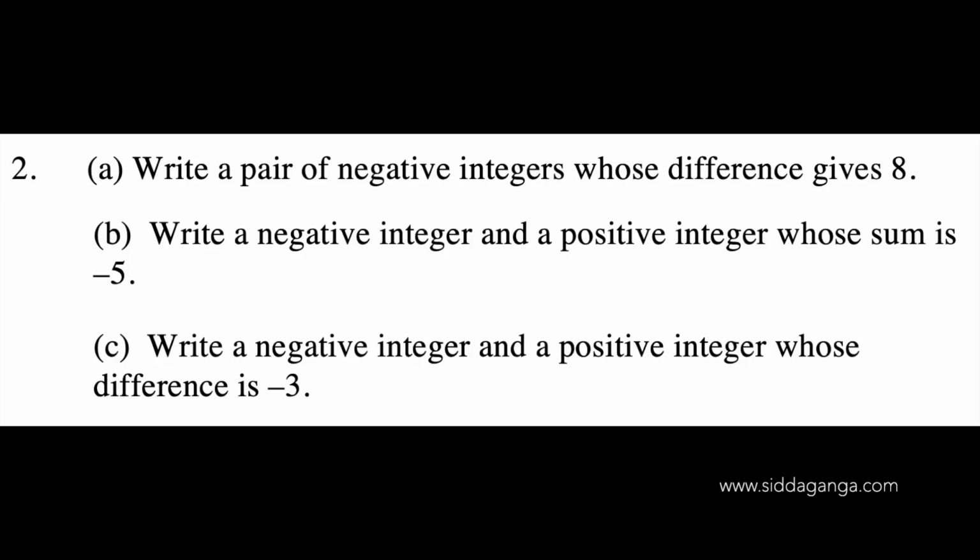Okay. The third one, C, is write a negative integer and a positive integer whose difference is minus 3.